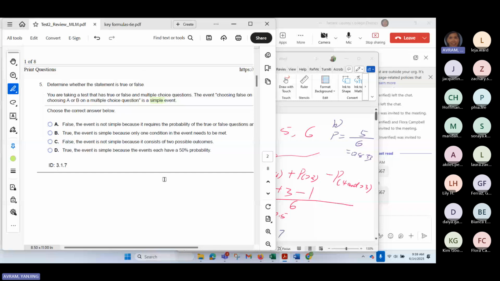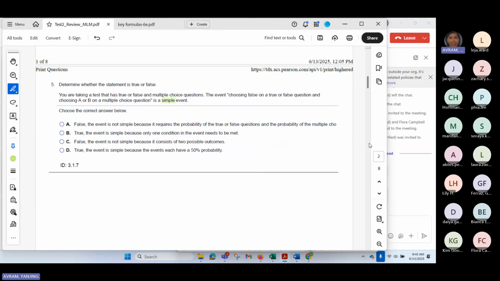Only one outcome. I want you to read this very, very carefully and then choose your answer A, B, C, D. I'll give you a couple of minutes to read it and answer. Try to see which one you choose, and you can type it in the chat.